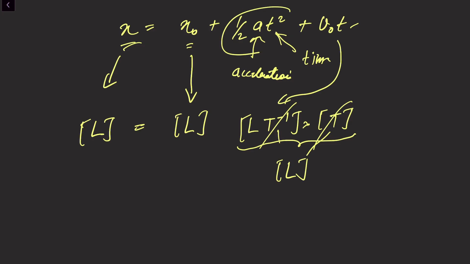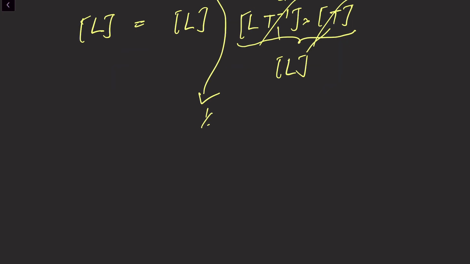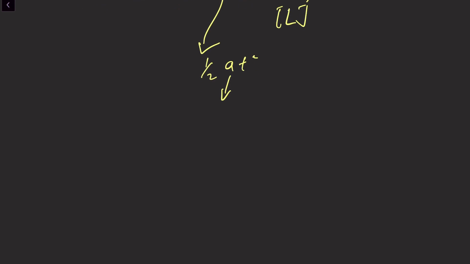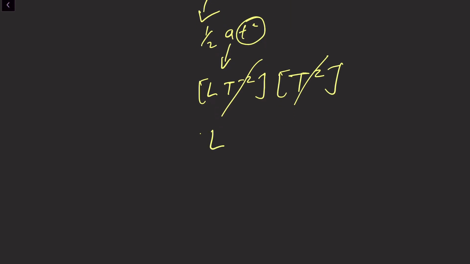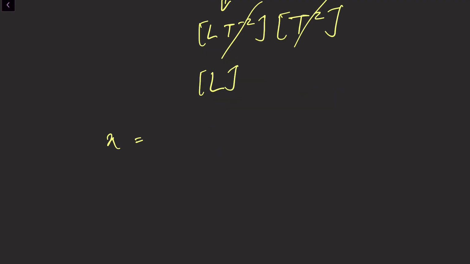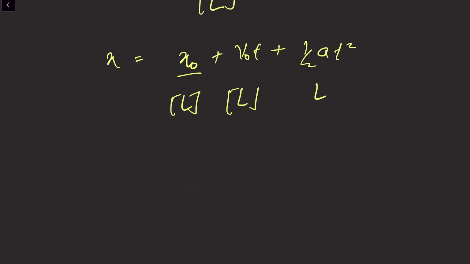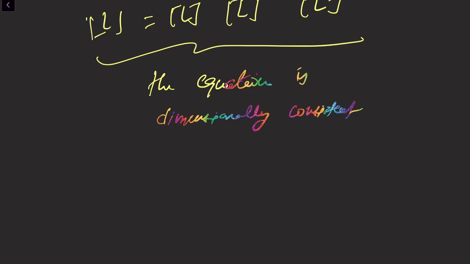The final is L. Let's consider 1 by 2 a t square. What is the dimensional formula for acceleration? It is L T to the power minus 2, and t square means T square. So T to the power minus 2 and T square get cancelled, so the dimension is L. Its dimension is also L, this is also L, this is also L. Hence the equation is dimensionally consistent.